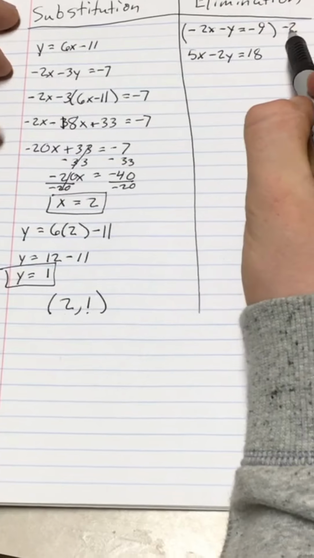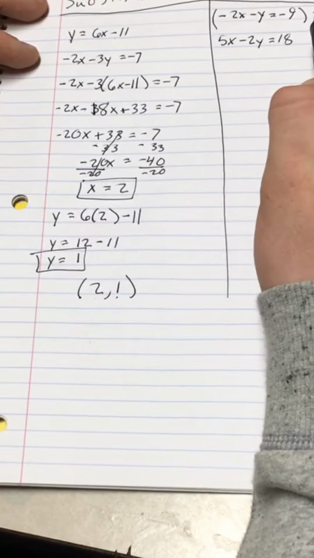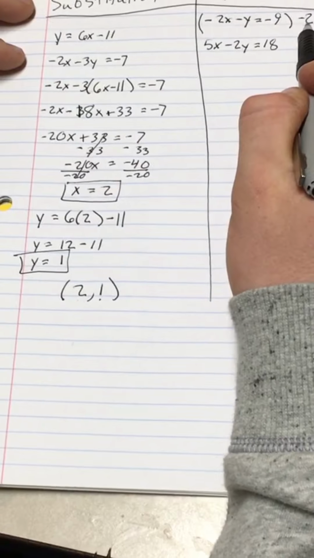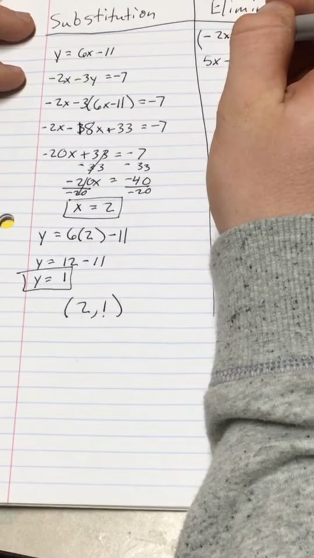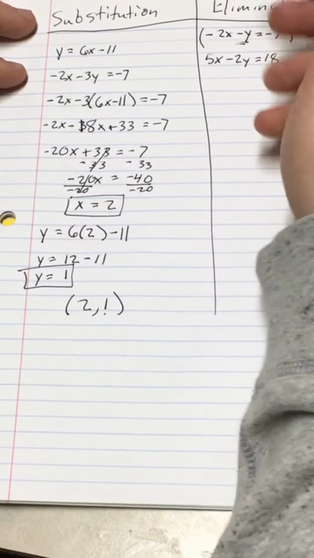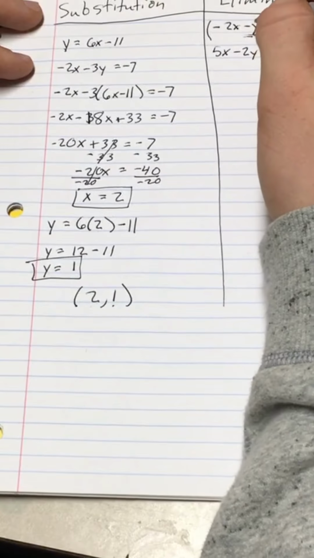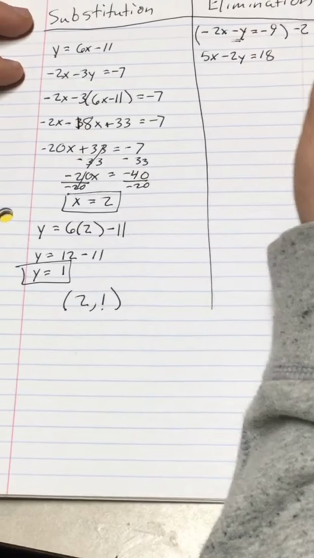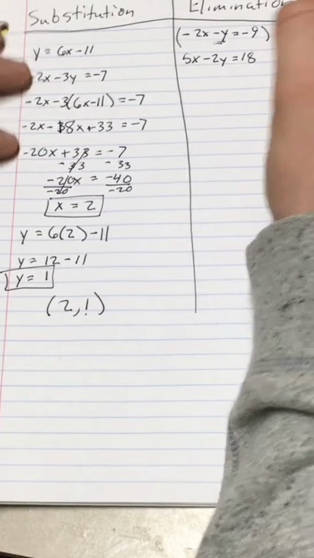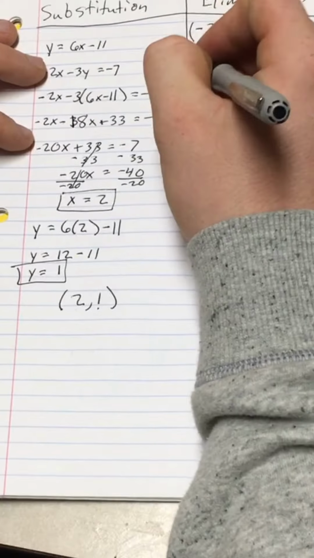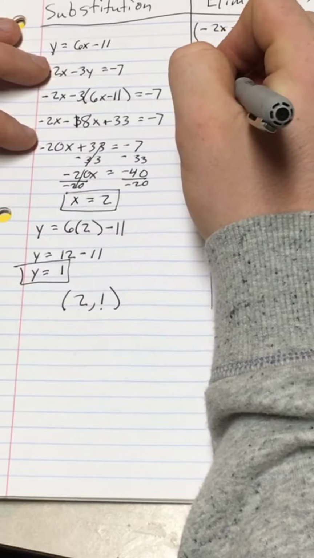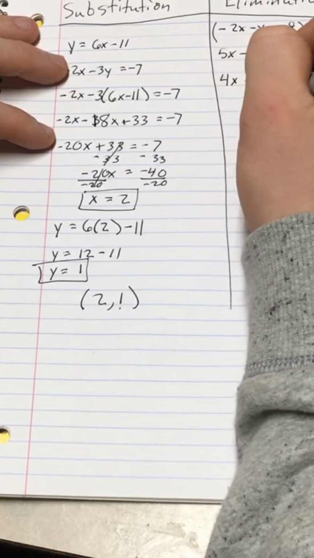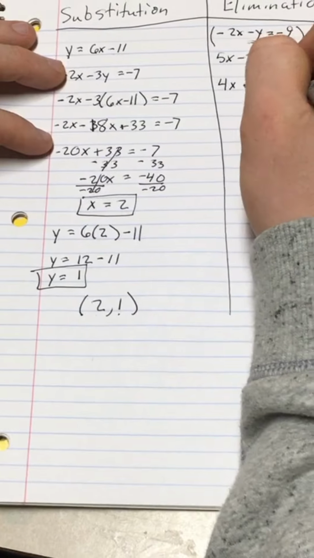And the reason why I chose -2 is once I multiply this whole thing by -2, we're going to see that this y here is going to turn into a +2. And when we add the two equations, this y is going to be canceled out, hence the elimination aspect. So let's multiply this out. So we've got -4x, plus 2y is equal to 18.